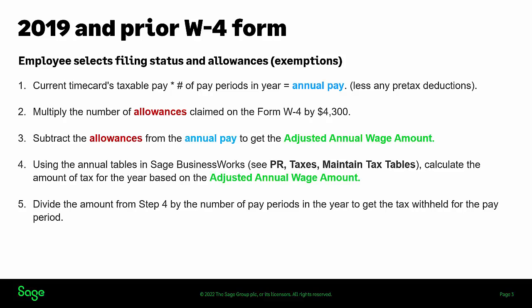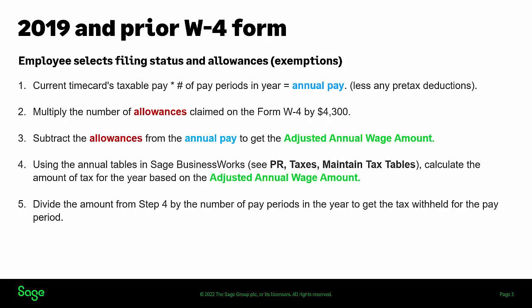The next step is we need to multiply the number of allowances that the employee claimed on the Form W-4 by $4,300. Then we subtract the allowances from the annual pay to arrive at the adjusted annual wage amount.